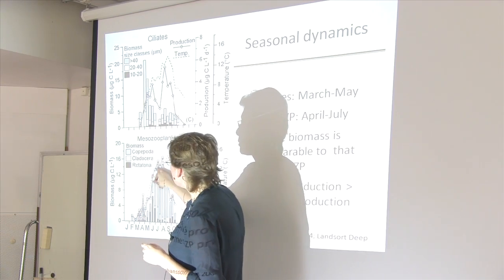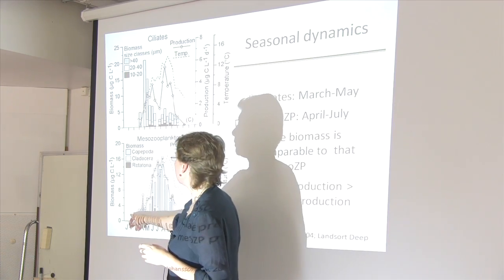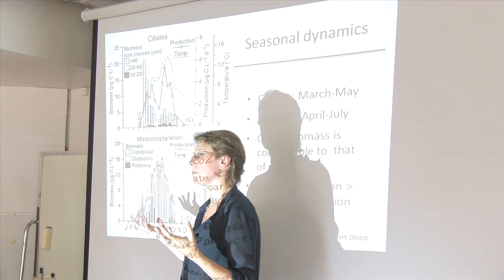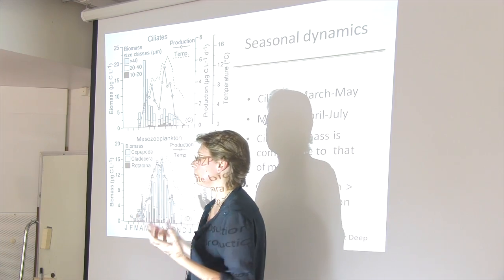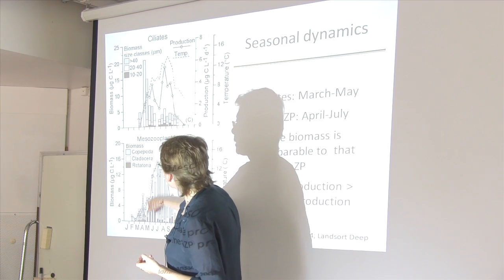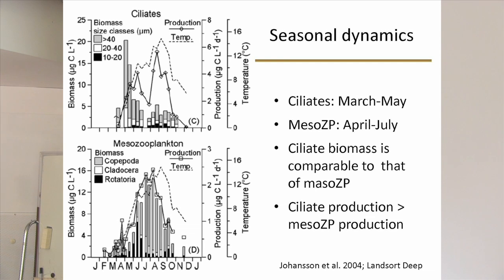But as temperature goes up and egg production goes up, the females that are there to produce eggs don't have any food limitation during this time. Zooplankton starts to increase. By this time, ciliates decrease, partly due to predation from zooplankton, and most of the zooplankton production comes, as expected, during summertime.